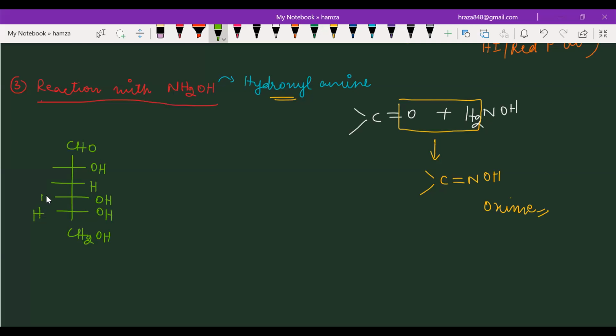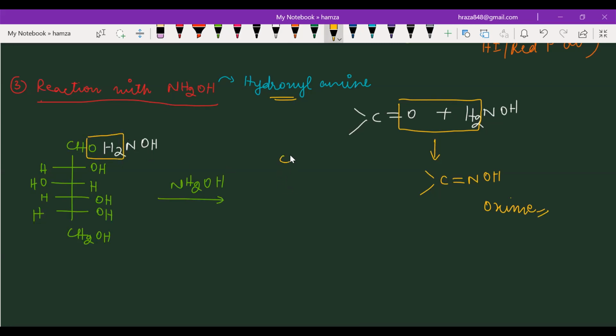So there will be H, H, OH, and H. And if you are going to react this with NH2OH, what will happen? So I'm going to explain this like this. I just wrote it here, H2NOH. And what you need to do is remove this H2O, remove this water.